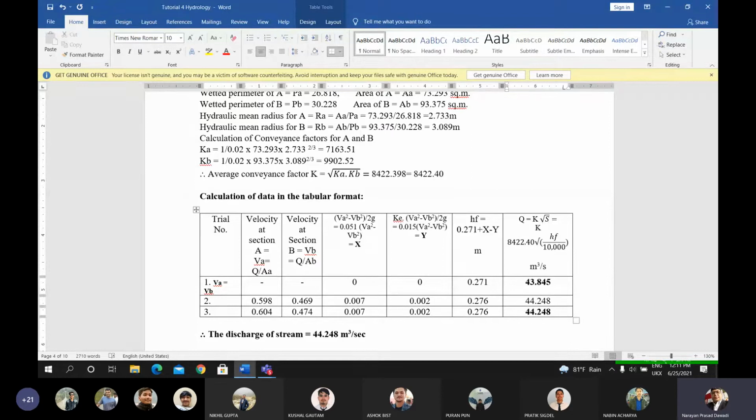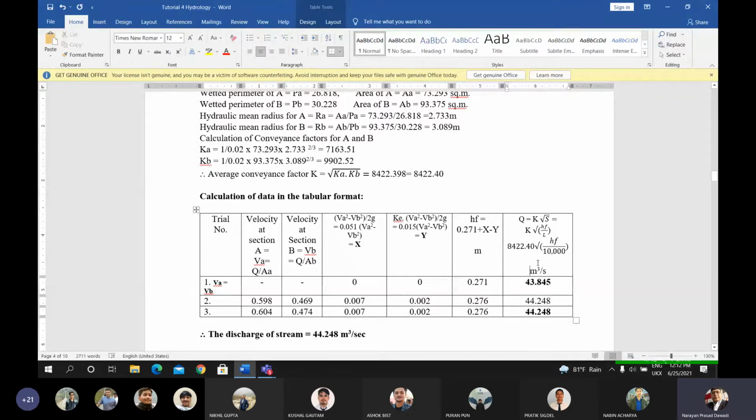The discharge is equal to the conveyance factor into the square root of HF by capital L, which is the formula. The value of the conveyance factor is 84,224.0, and S is equal to the square root of HF by L. The HF value is taken from the HF column, and 10,000 is divided by the square root of 10,000.